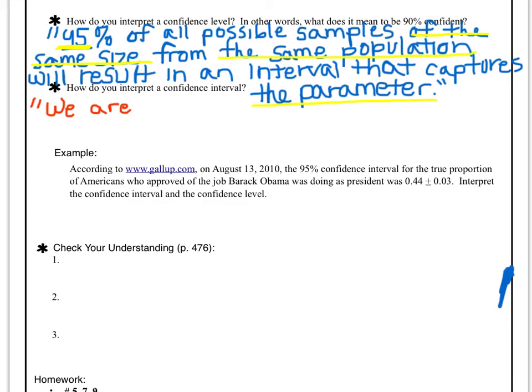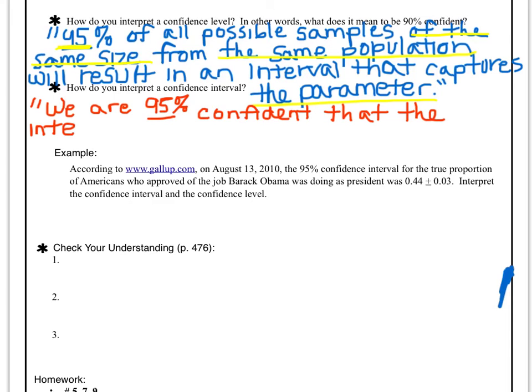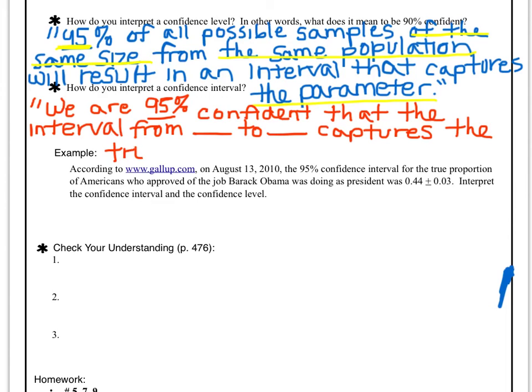We are 95%, and again, this number changes, confident that the interval from blank to blank captures the true parameter.